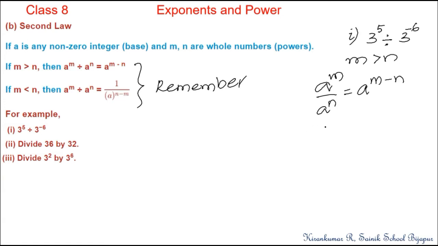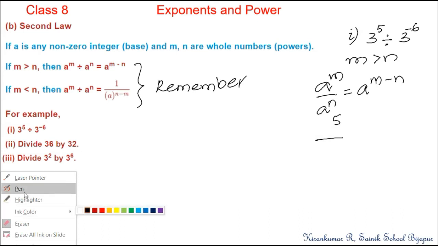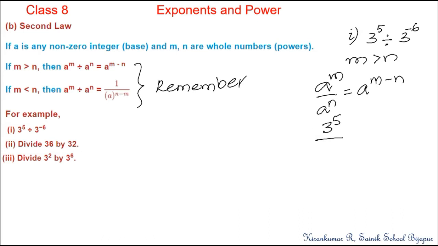Let's apply the formula. 3 to the power 5 divided by 3 to the power minus 6 will be equal to 3 to the power 5 minus of minus 6. We get the result as 3 to the power of 11.